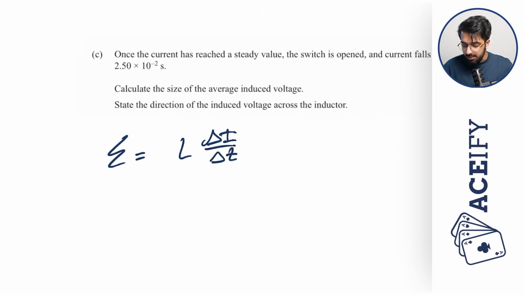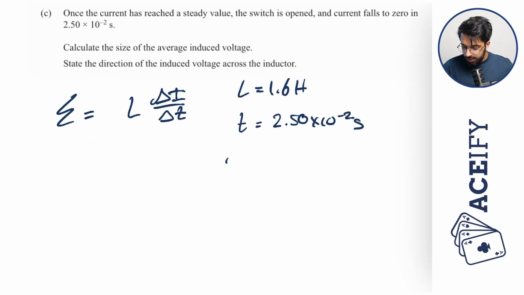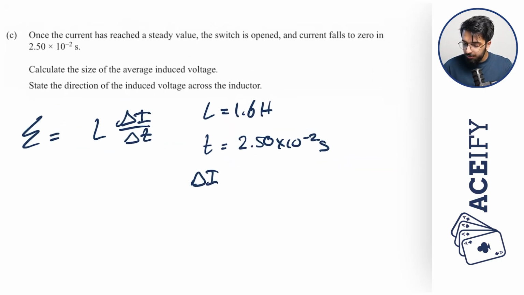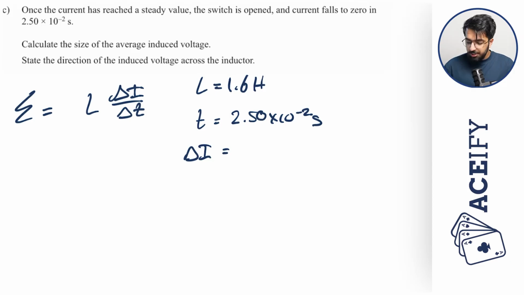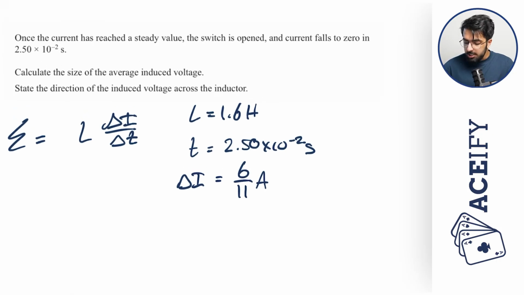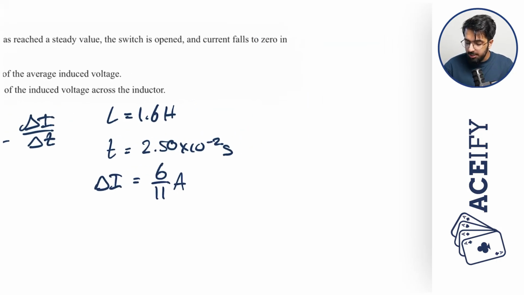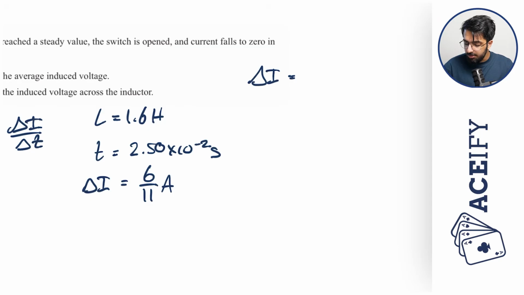We have our inductance value, which is equal to 1.6 henries, okay? Our time is given as 2.5 times 10 to the negative 2 seconds, okay? And our change in current, remember our current falls to 0. And so our change in current is just the max value of the current, which remember was 6/11 amps, and this is because the current falls to 0. Remember the change in current is equal to the final current value minus the initial current value.